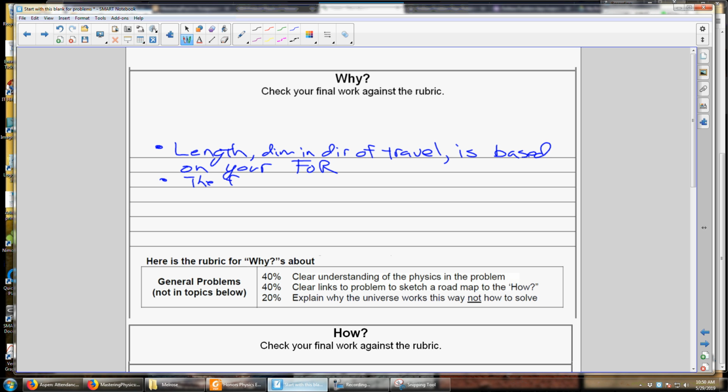The faster something moves, the less length it has.